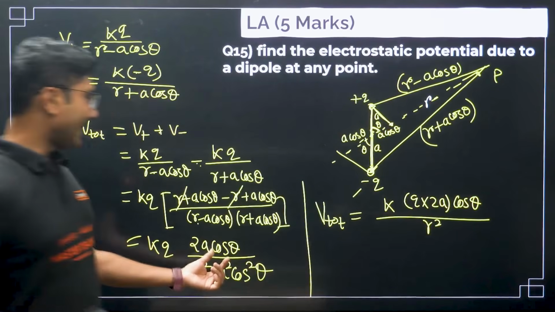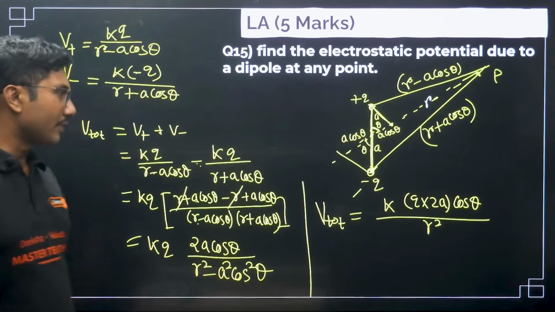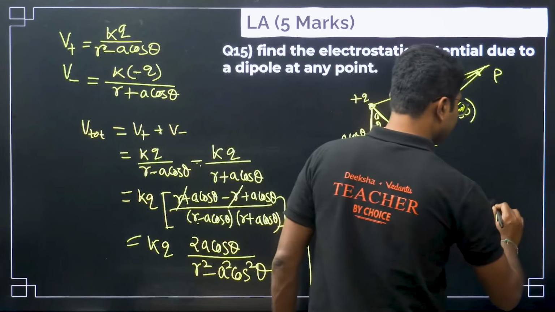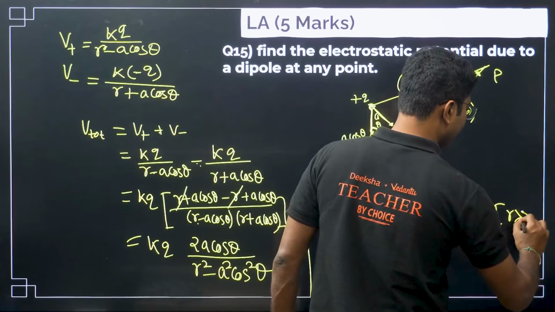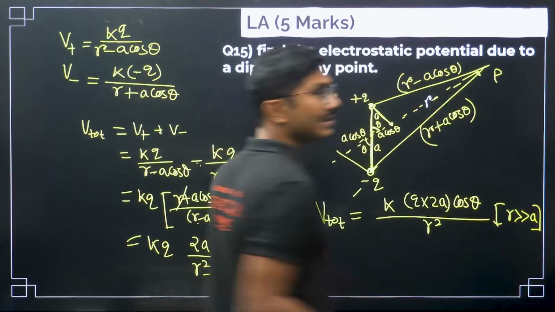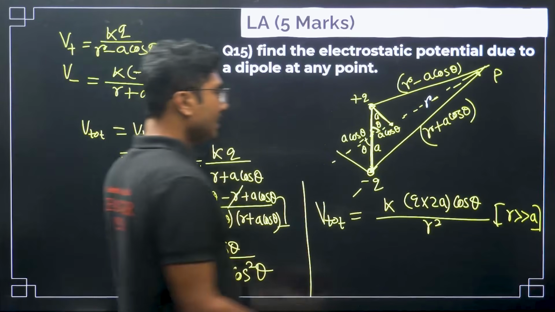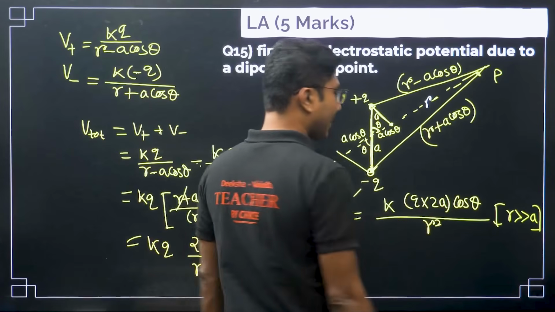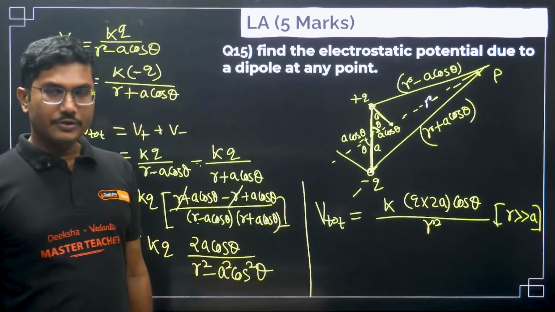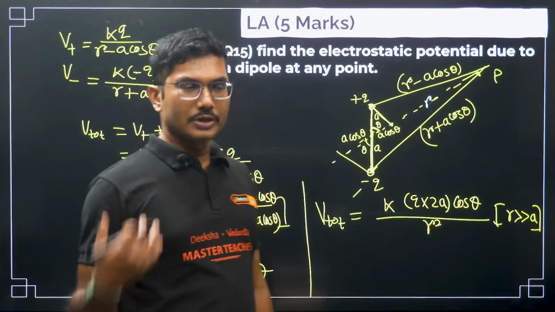Why? Because A is very, very small, so A squared will be small. So we have done an approximation that r is very, very much greater than A. Obviously this is a very common approximation. Not even an approximation, this is just a simplification, because by the definition of the dipole, the distance between the charges is very, very small.